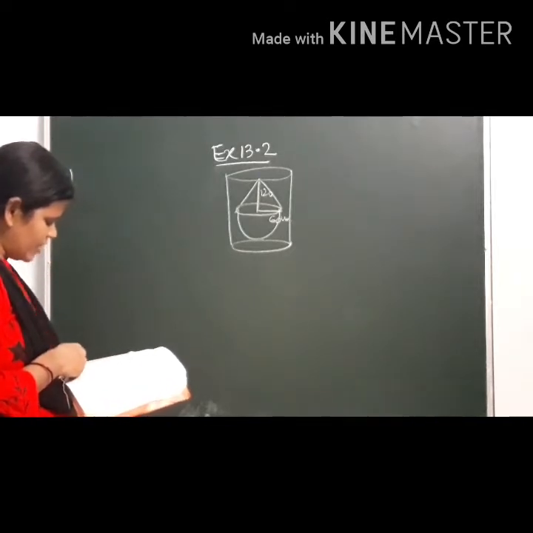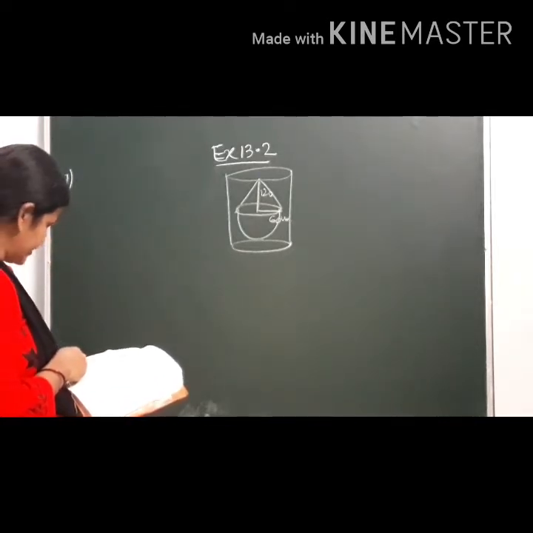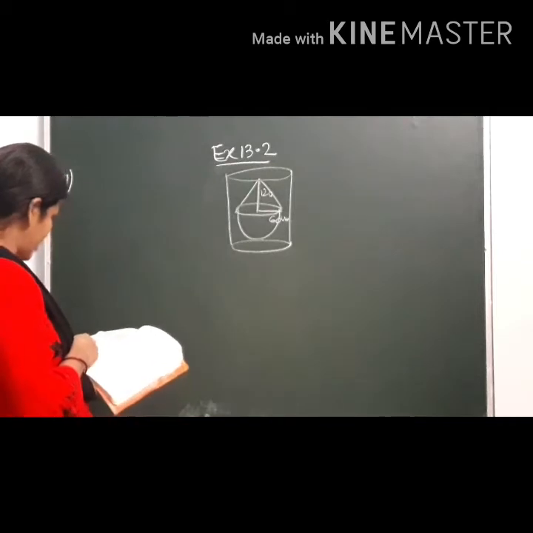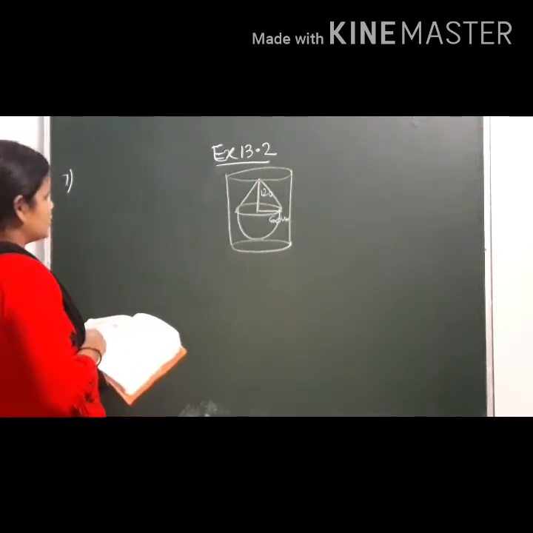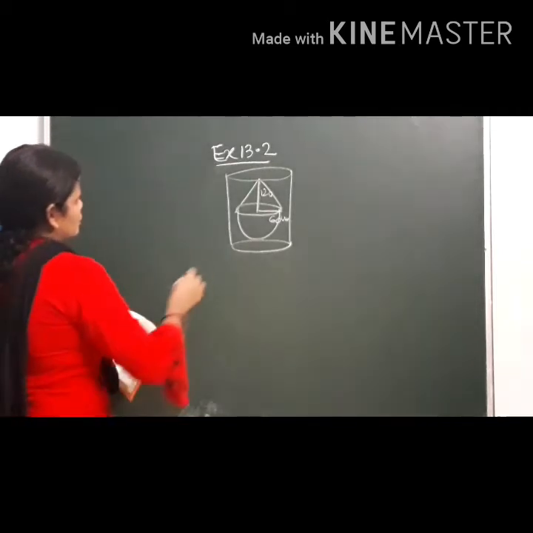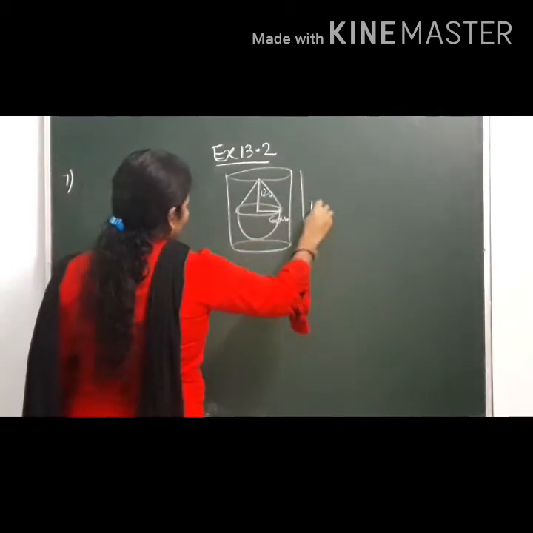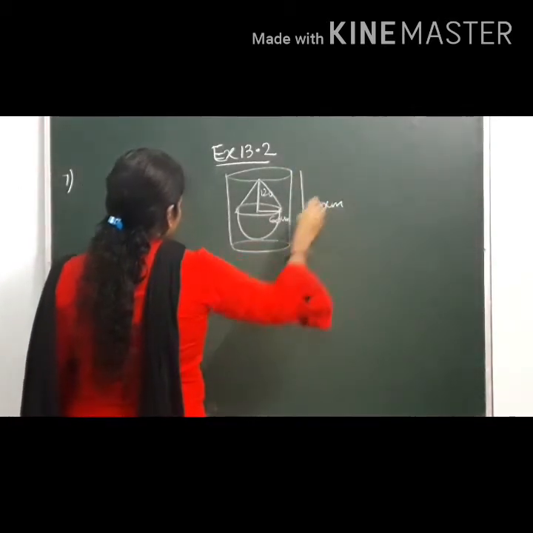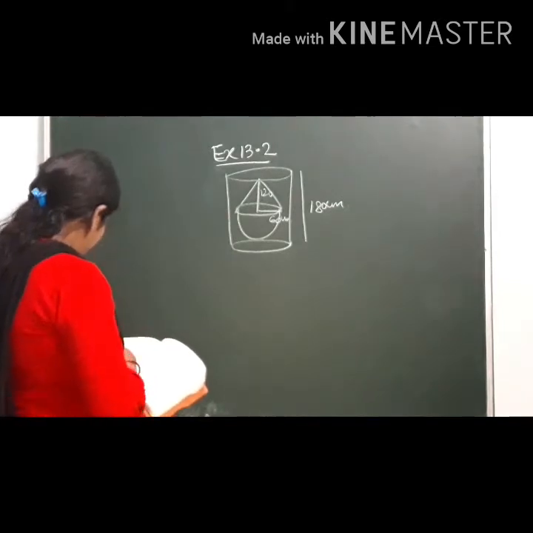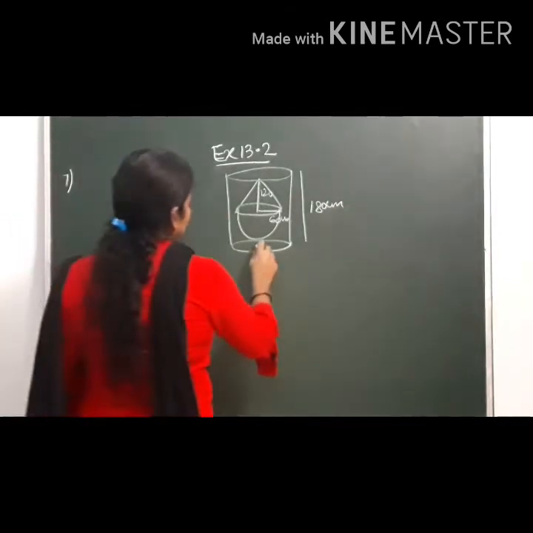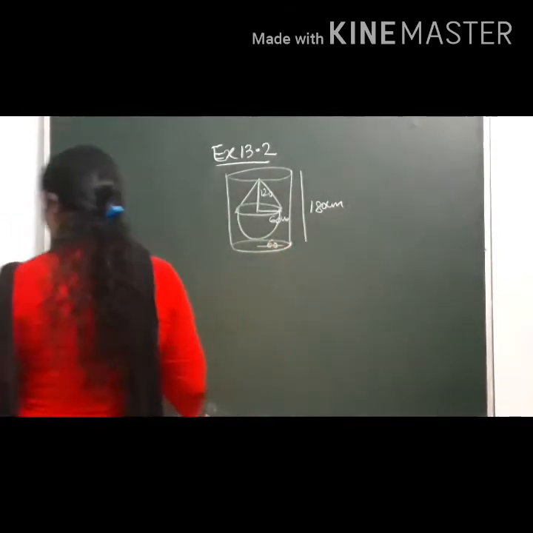Find the volume of the water left in the cylinder if the radius of the cylinder is 60 centimeter and height is 180 centimeter. So height is 180 centimeter and that cylinder base is 60 centimeter. So what is the water left over there?